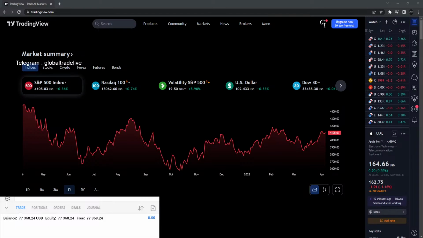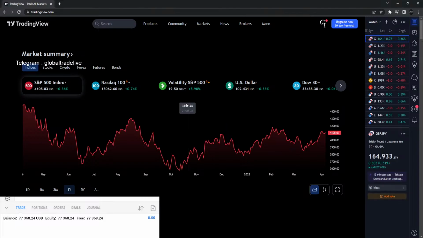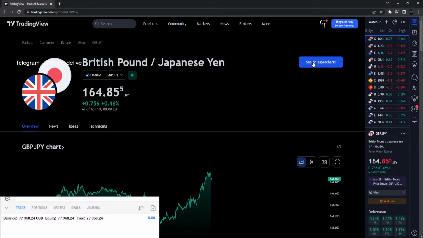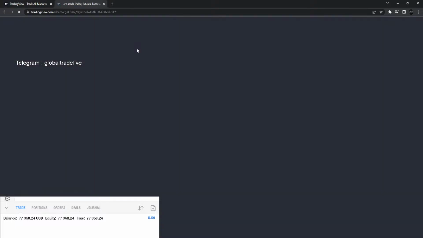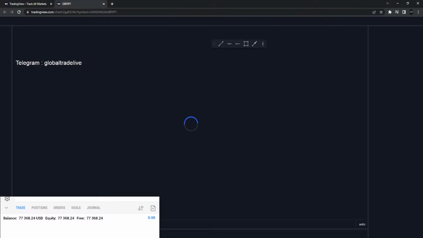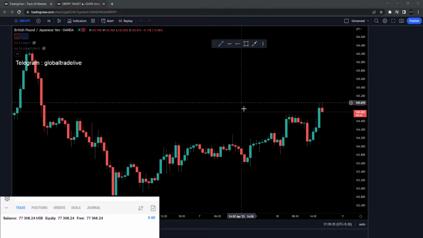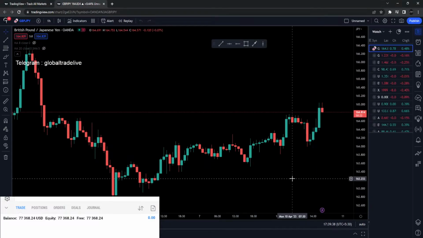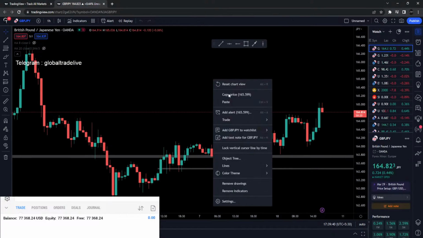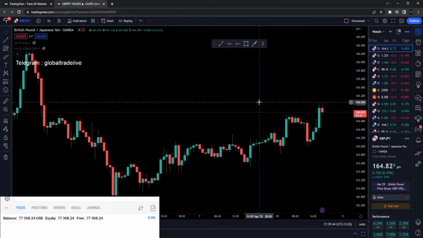So let's get started. Let's just open the GBP JPY chart over here and quickly analyze the market. If we talk about GBP JPY, then I think it might be giving us a nice opportunity. So just wait everybody, I'm gonna get ready with my terminal.